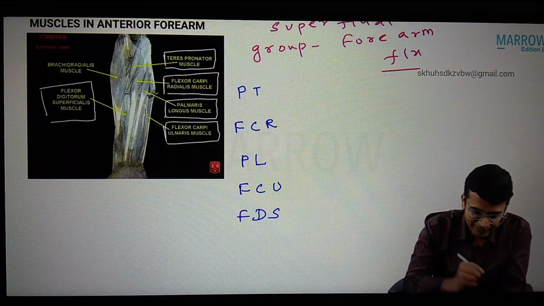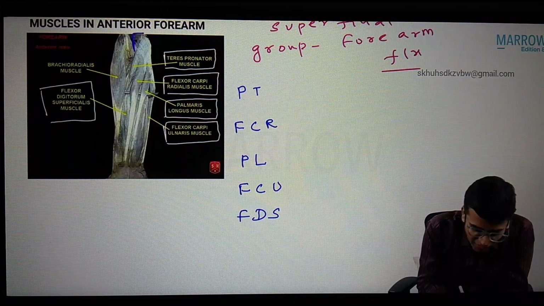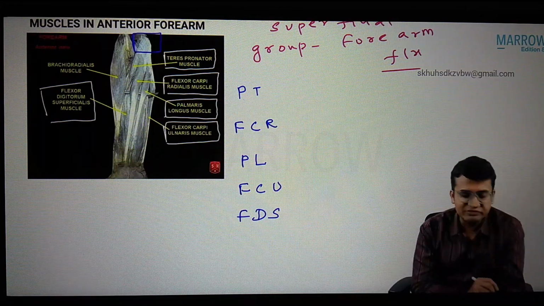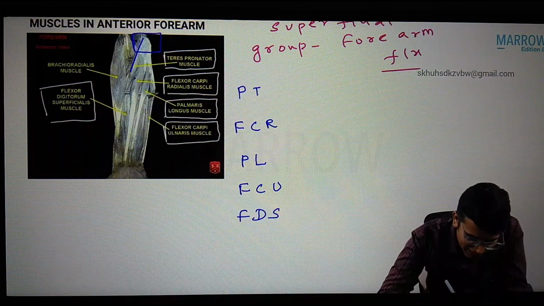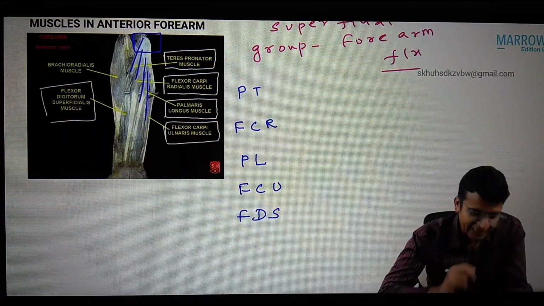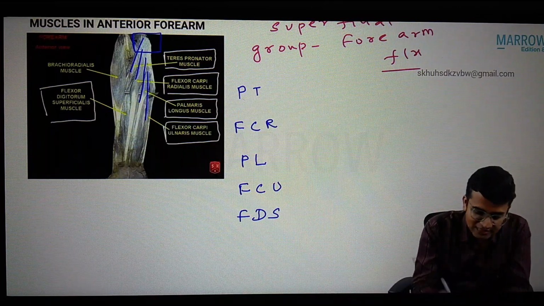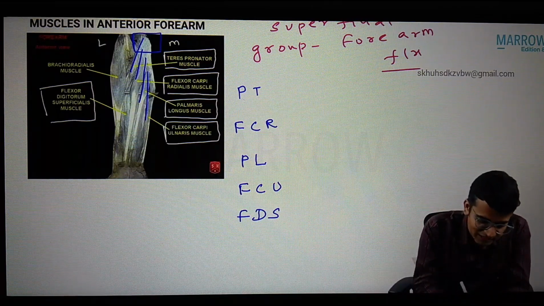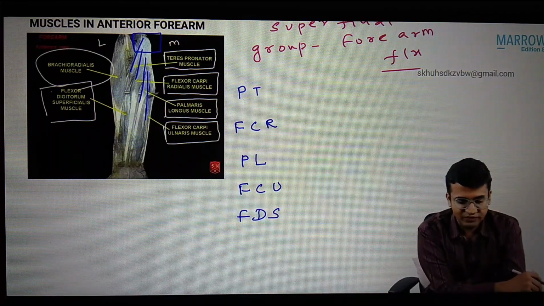Now see the diagram, the cadaveric image. In the cadaveric image, we are seeing the common origin point for the superficial flexors. The pronator teres muscle, flexor carpi radialis, palmaris longus, flexor carpi ulnaris, and FDS have a common origin from this side, our medial side. This is medial, this is lateral, because on the lateral side we have the brachioradialis muscle.